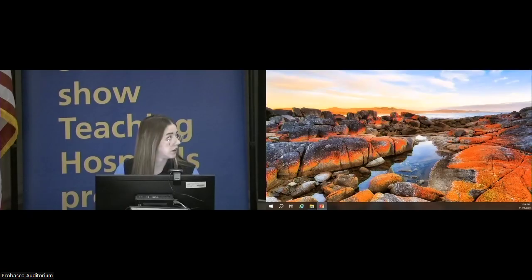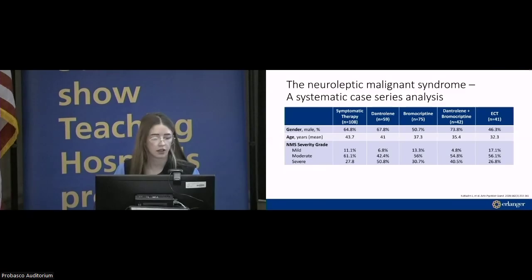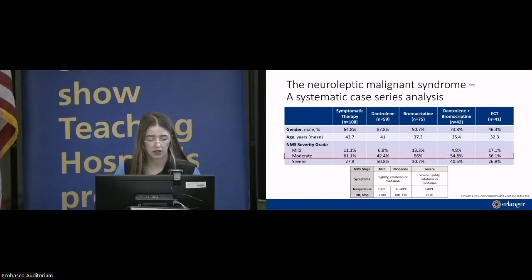So this is the grading scale that they used. And what this study showed was that if the patient had moderate to severe NMS, then you could benefit from using bromocriptine or dantrolene. So that's how they classified.